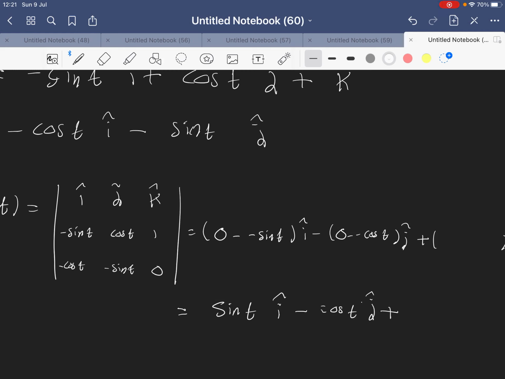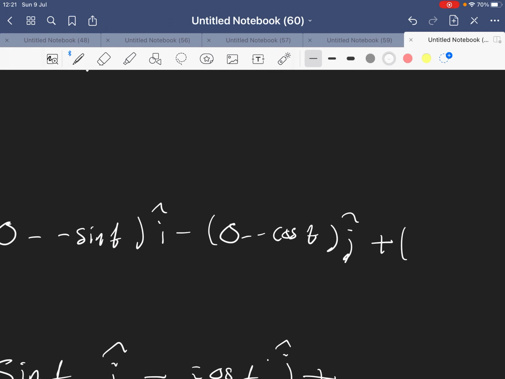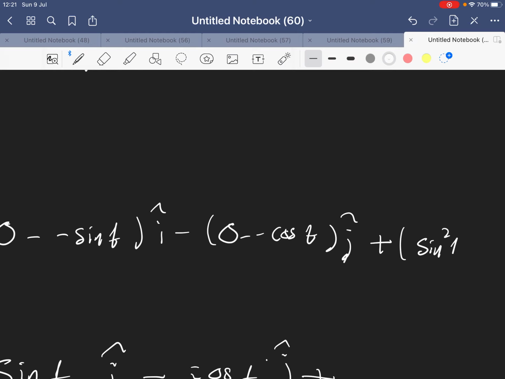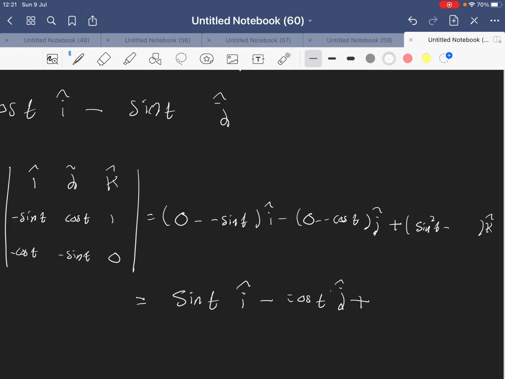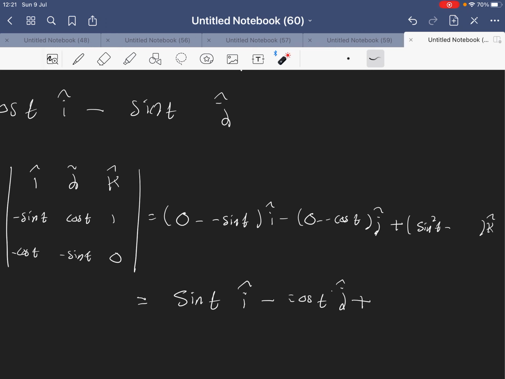Plus, finally, let's see what will happen to the k. We multiply minus sign with minus sign. This will give me, of course, sine square t, minus. Next, we multiply cosine, because we cancel the column of j and the row of j, cosine by minus cosine.